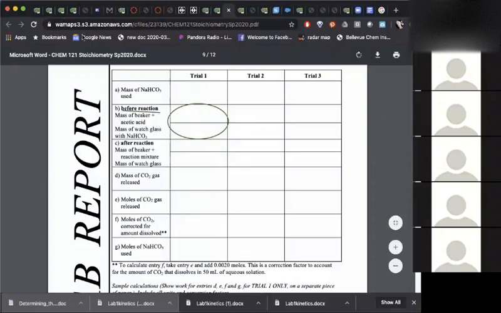And then I did the same thing after the reaction. We're going to have to add those things together for the after the reaction value. That's the change I had to make because my balance wouldn't hold everything. But we can still do the same exact procedure. It's just we have to add those as two separate things to get the total.